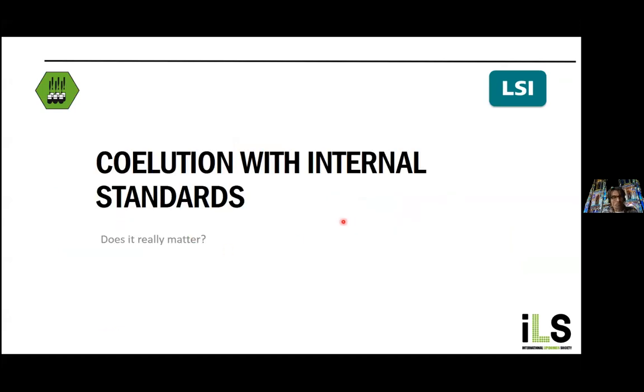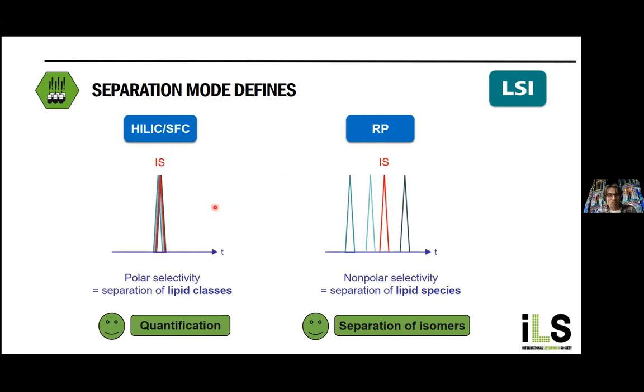Now to the question: is it really relevant to have co-elution or co-ionization of your internal standard and your analyte? I think Michael discussed with you yesterday that it's really superior to have the internal standard and the analyte in the same droplet and same conditions to ionize.